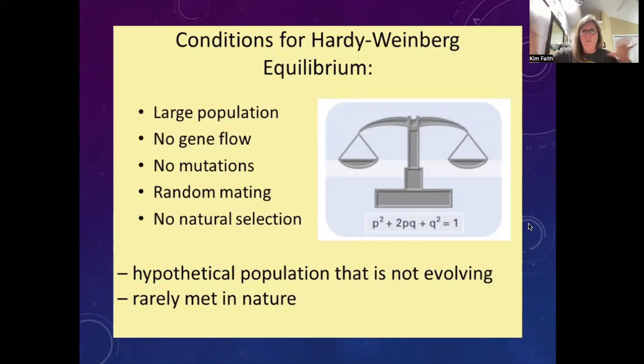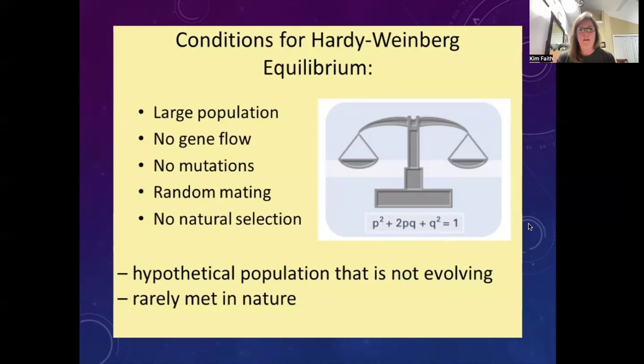That's gene flow, where populations are separated. Can't have mutations, no mistakes in our DNA replication or translation. And random mating, completely random who mates with who. And no natural selection, meaning everybody is equally fit. Everybody is just as successful. We have the same adaptations.